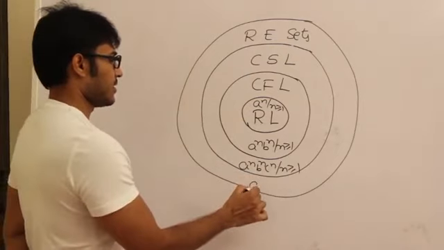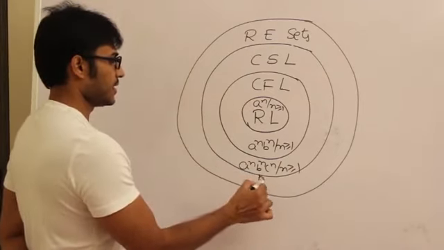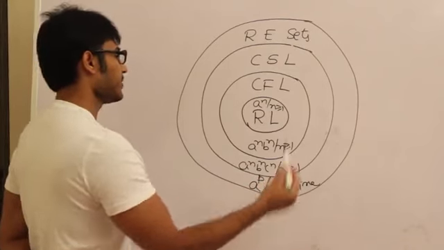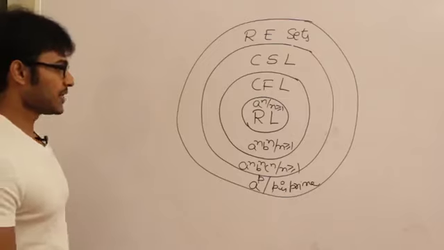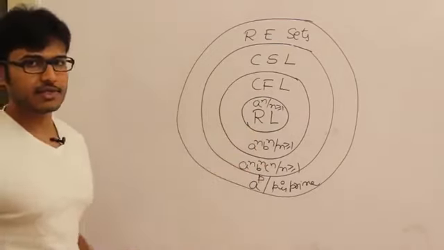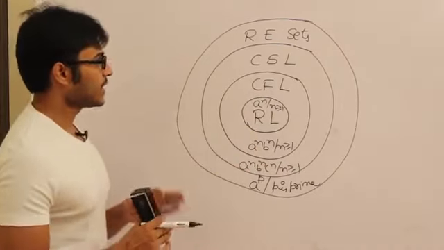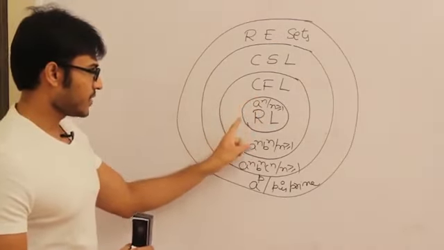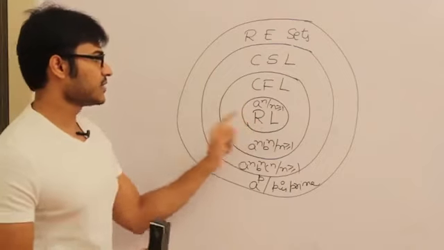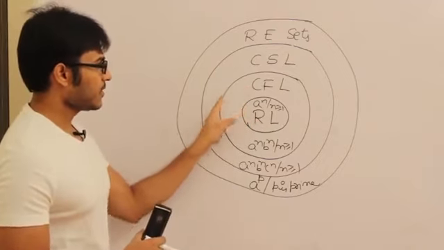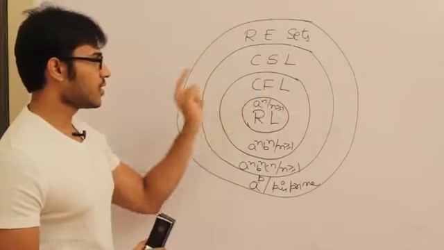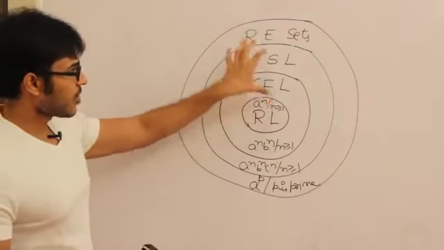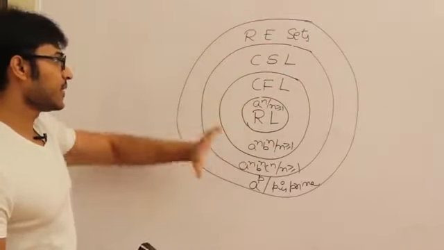And a power p such that p is a prime number is a recursively enumerable set. Don't worry, we are going to look at all these languages one by one, but for now just think that there is a family of languages called regular languages, for which we have given finite automata, and there are families of languages called context free, context sensitive and recursively enumerable, and they are all placed within one another.